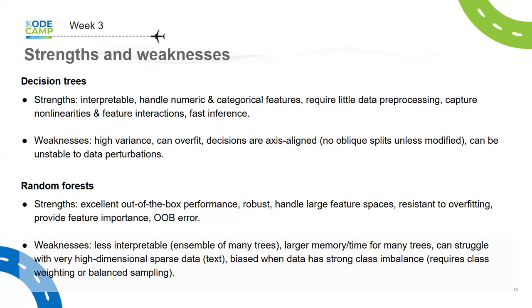Tumors will be benign mostly, maybe 90%, and then 10% are non-benign or malignant. That is imbalance. You have so much more data in one class or category than in the other, right? So for you to solve that problem, you have to use class weighting or balanced sampling.